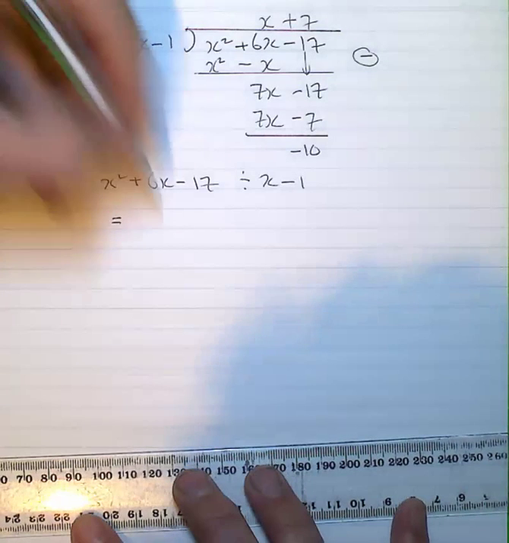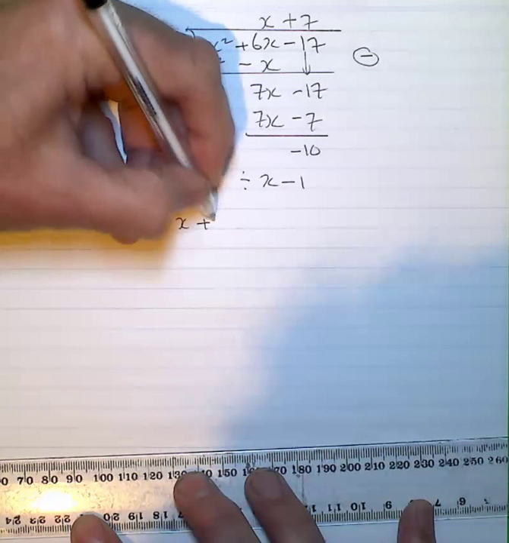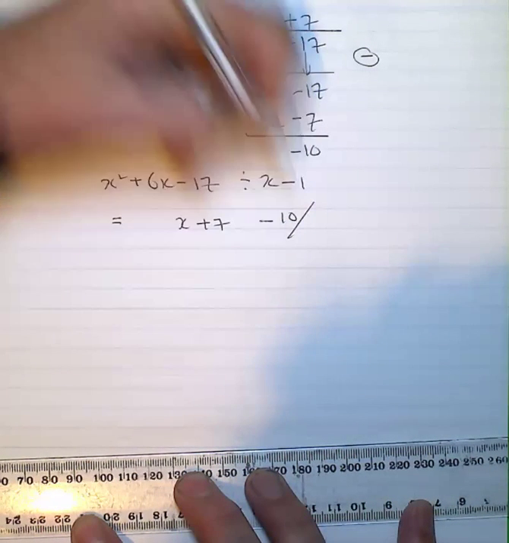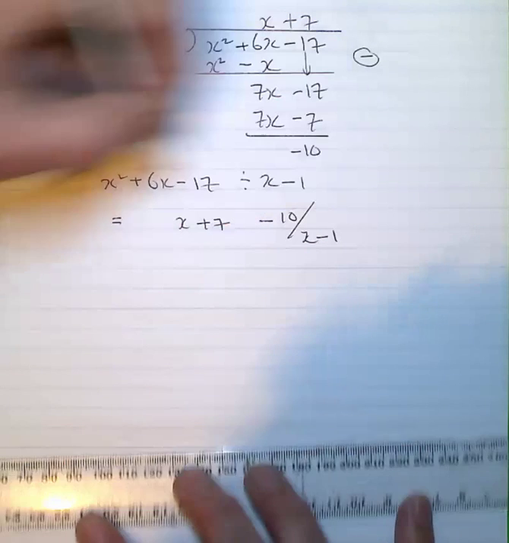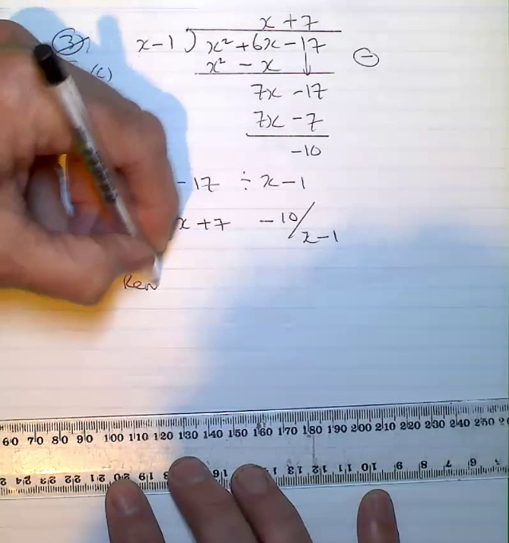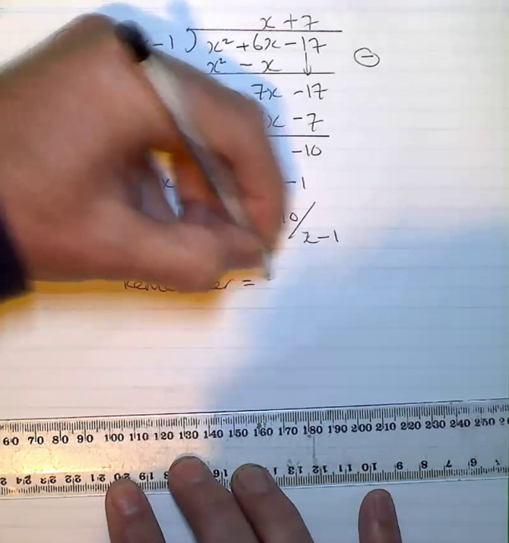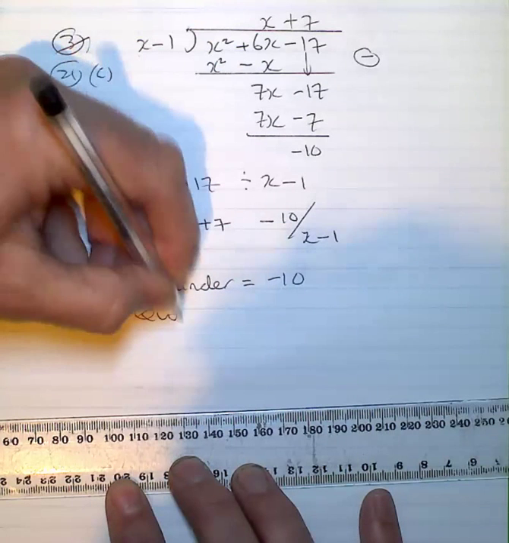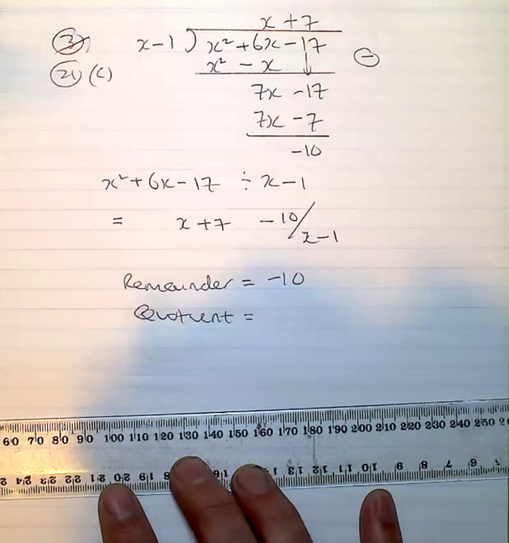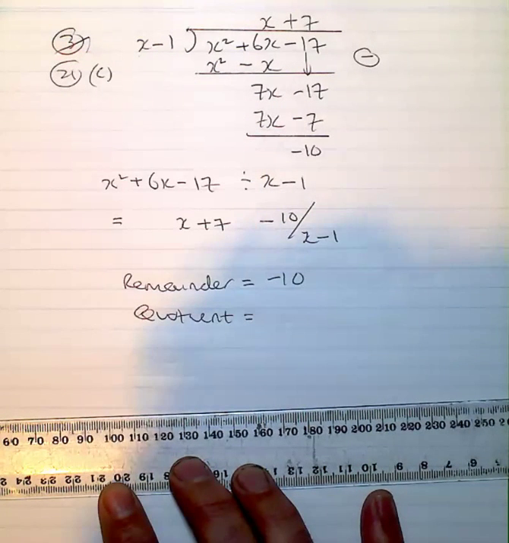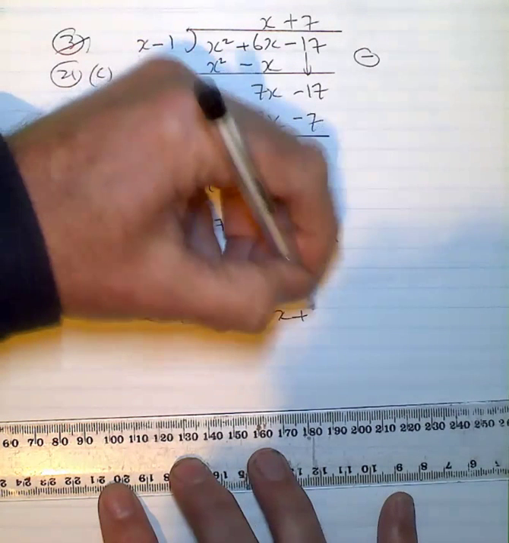Well, that will equal x plus 7 take 10 over x minus 1. The remainder is negative 10. In this instance, the quotient is going to be x plus 7.